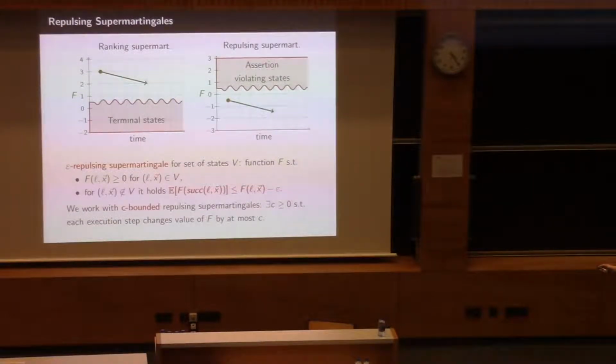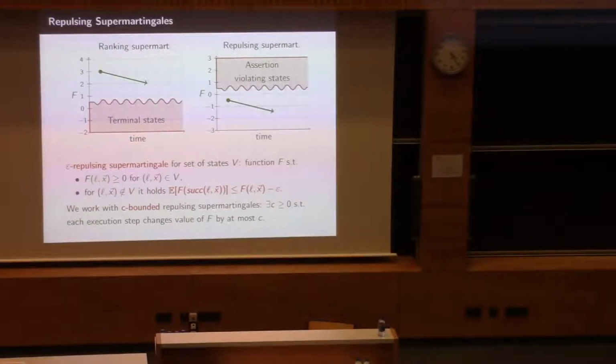And outside of this set, it has to decrease on average, away from this bad set. So intuitively, existence of such a function testifies that the random execution of the program tends to be pushed, or let's say repulsed, away from this set of states that we want to avoid.